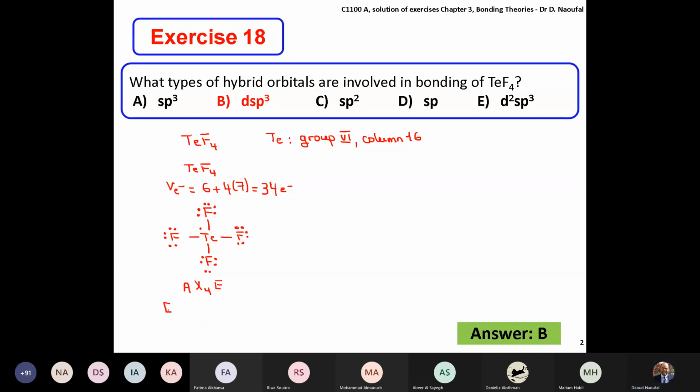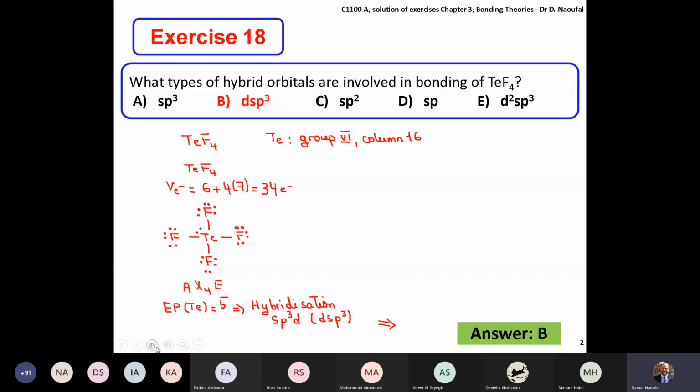So EP around the central atom is equal to 5, 1, 2, 3, 4, 5, which implies directly hybridization sp3d, or in some books we write it dsp3. This is the same. So the correct answer is B.